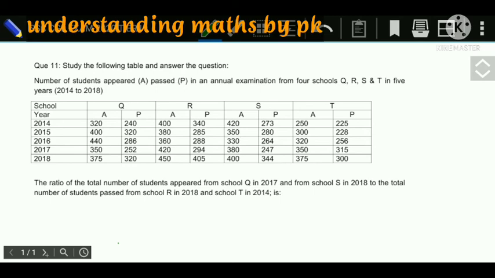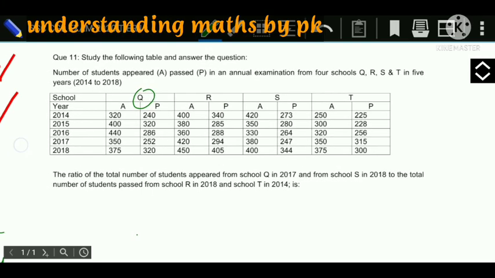So based on this, first of all we will check school Q, year 2017, appeared. A for appeared are 350. This is here 350.